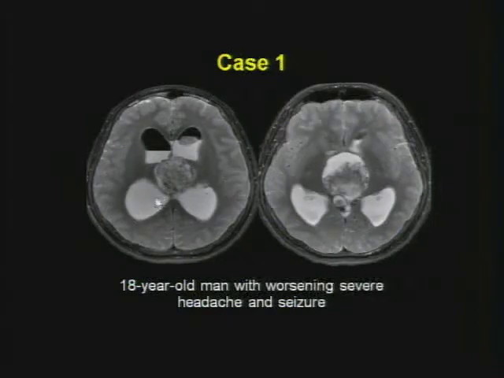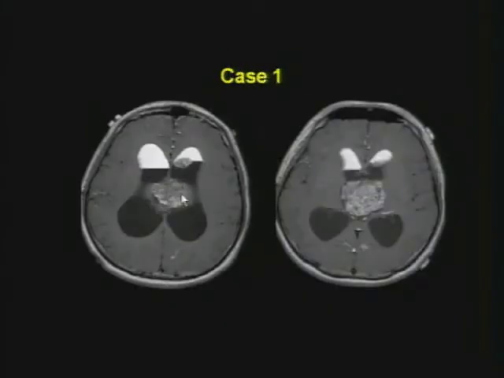Here's an 18-year-old guy, multiple masses intraventricularly, but one point I want to make is on pre-gad imaging, look at these little high signal areas in the sulcus. This is a guy with a dermoid that has ruptured, and this is actually a lipid CSF level.